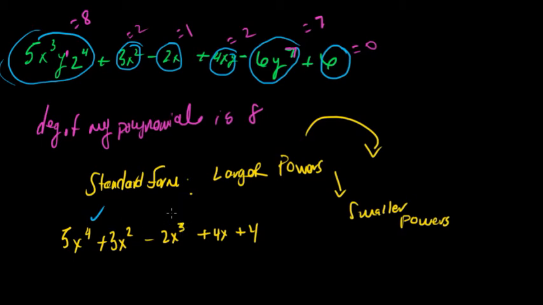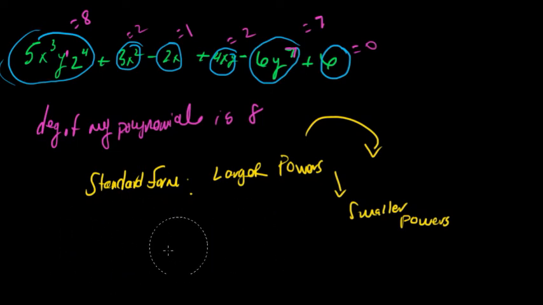A 3 is larger than 2, so that means this and its sign must go before that in order to be in standard form, and this will go after that. Then we indeed have standard form because it goes from 4 to 3 to 2 to 1 to a power of 0. So that is what standard form is.